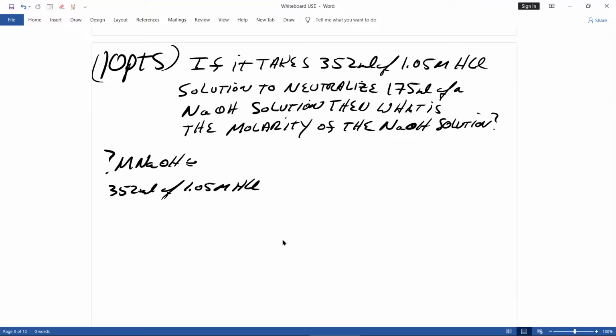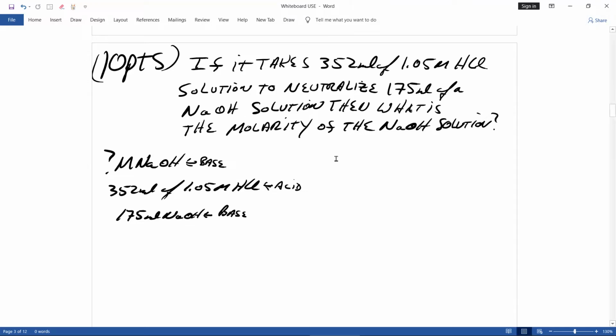By the way, this is a base. You should know that. You should know HCl is an acid. And we're also given how many milliliters, 175 of the NaOH solution we have. And don't forget that's still a base.